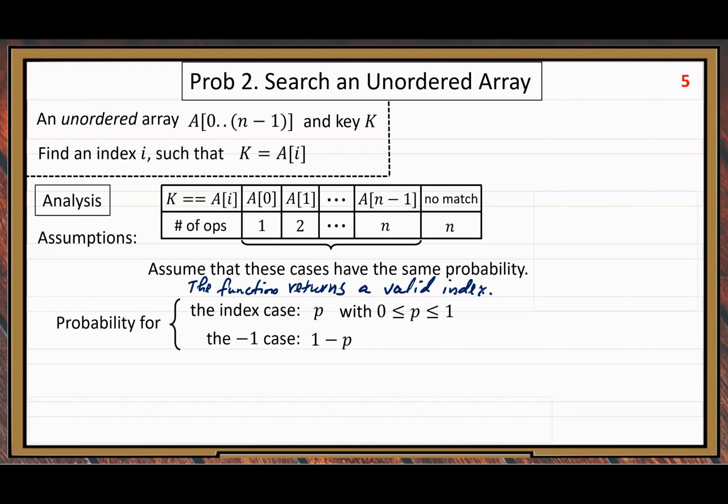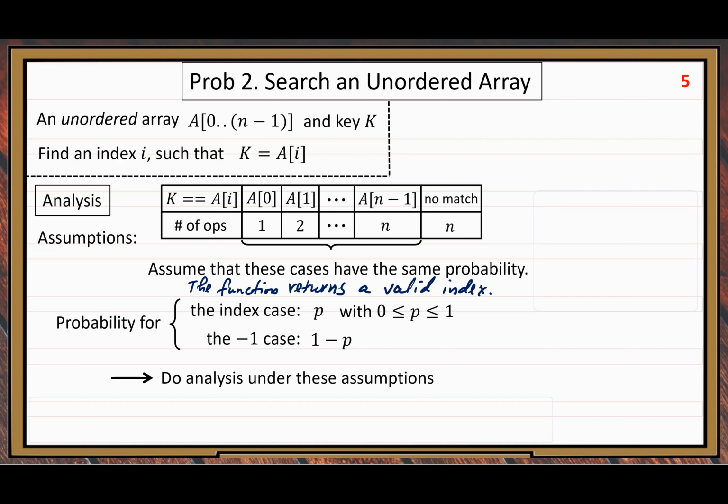So how to do the calculation? Be careful. We need to put all n cases together, but for each case, look at its contribution in the number of comparisons.